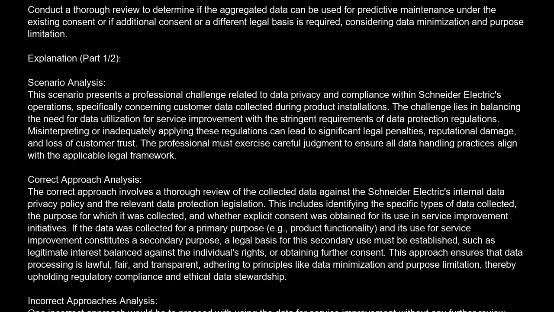If the data was collected for a primary purpose, for example product functionality, and its use for service improvement constitutes a secondary purpose, a legal basis for this secondary use must be established, such as legitimate interest balanced against the individual's rights, or obtaining further consent. This approach ensures that data processing is lawful, fair, and transparent, adhering to principles like data minimization and purpose limitation, thereby upholding regulatory compliance and ethical data stewardship.